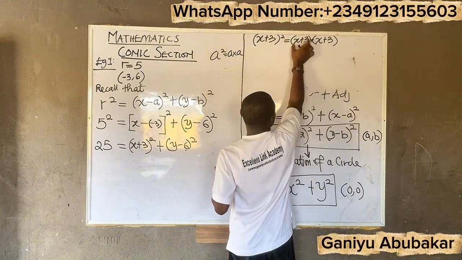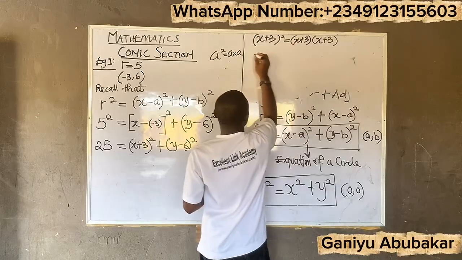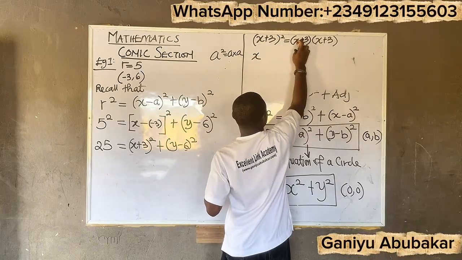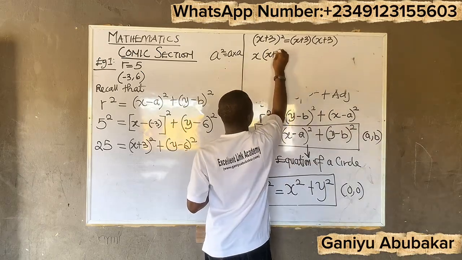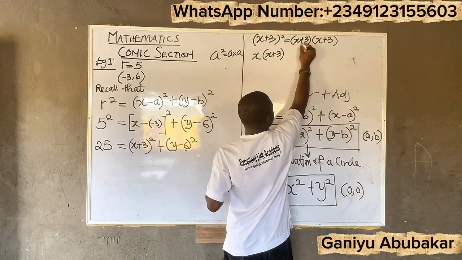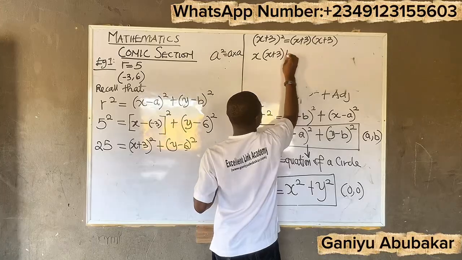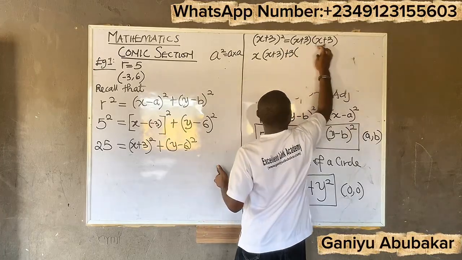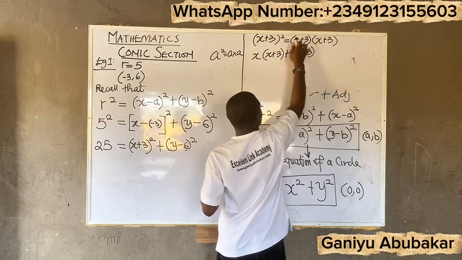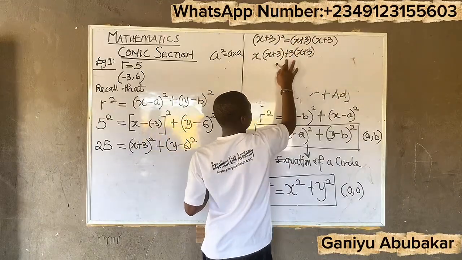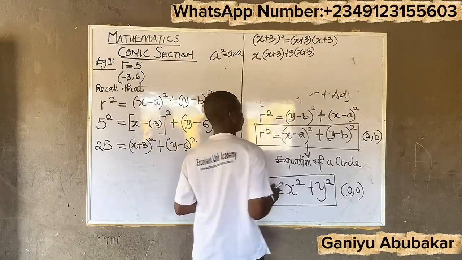I'll focus on the first bracket. Bring out the first x in the first bracket and multiply it by everything in the other bracket, x plus 3. The second term, which is plus 3, is also multiplied by everything in the other bracket, x plus 3. Just repeat the second bracket at the back, that's all.